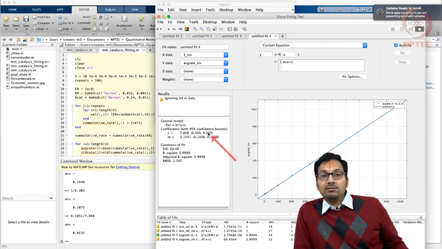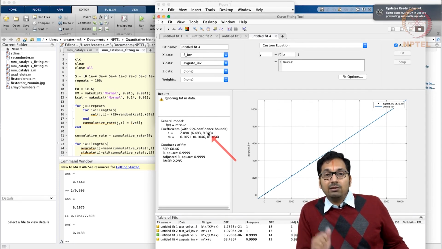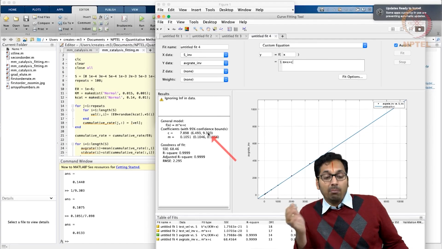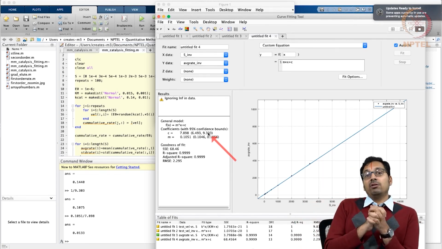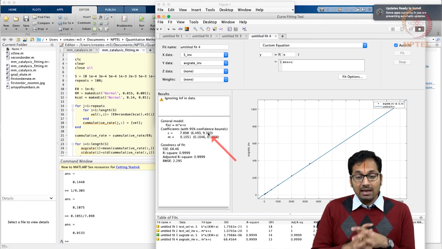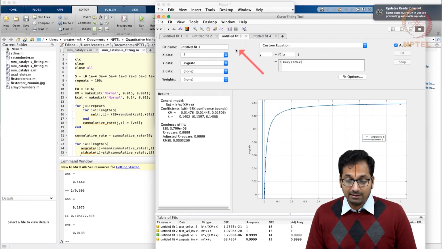Once one starts to understand, the error in the slope and the intercept is going to propagate and result in more error in the Km determination. So I leave it to you to determine how this can be propagated and measured, and what goes on when you are mixing and matching different values. One has to be very careful when data is obtained and one fits, and in this case we are able to realize that even with 100 repeats this is a problem.